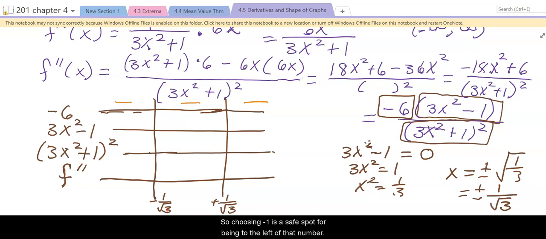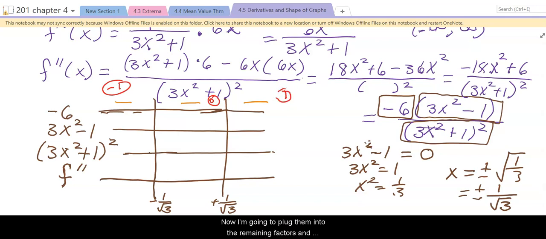So choosing -1 is a safe bet for being to the left of that number. Between -1 over the square root of 3 and 1 over the square root of 3, I would probably choose the test point of 0. To the right, I would choose a test point of 1.